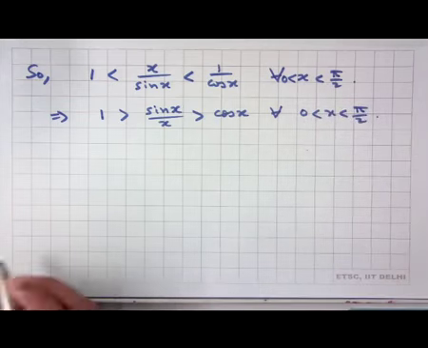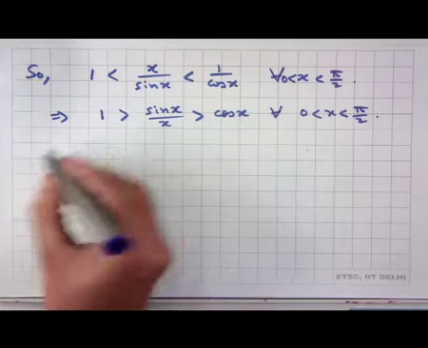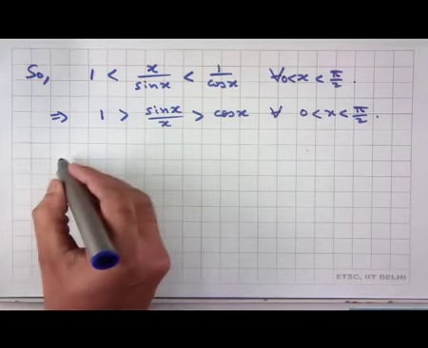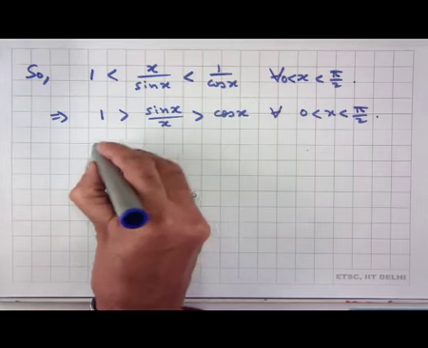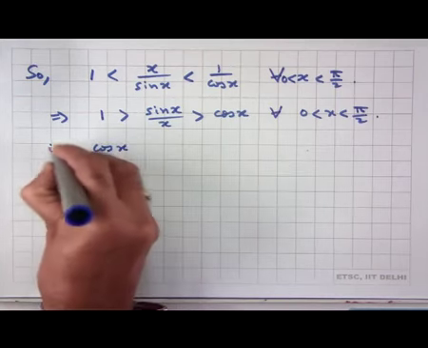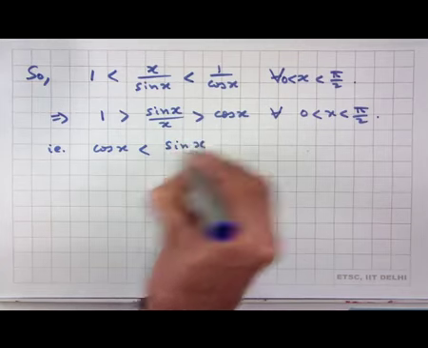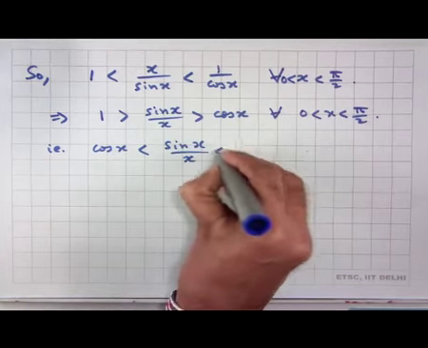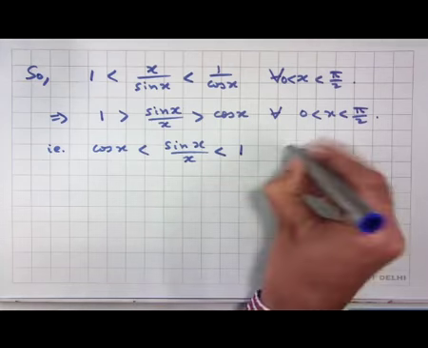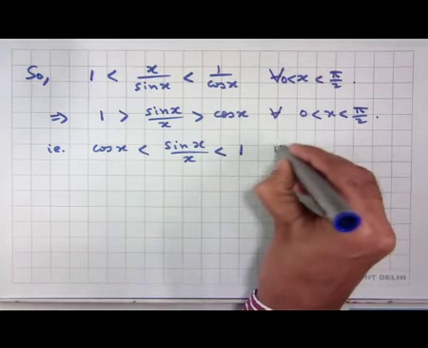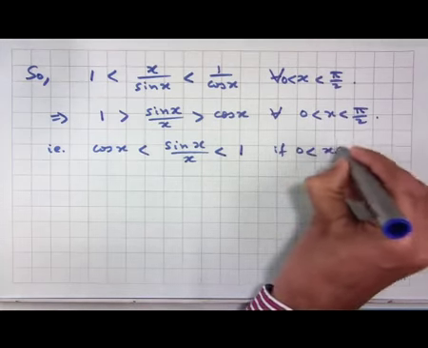Right. So, this is a very important inequality. So, we have got that. Let me write this again. Cos x is less than sin x by x, which is less than 1 if 0 is less than x is less than pi by 2.